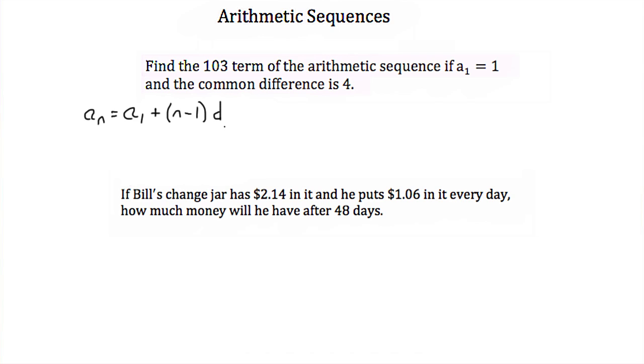Now they gave us our common difference. d is equal to 4. And our first term is equal to 1. And we're asked to find our 103rd term. So what we're looking for is a103. Well, a103, or our 103rd term, is just equal to 1 plus, now our n is 103 because it's our 103rd term, minus 1 times 4.